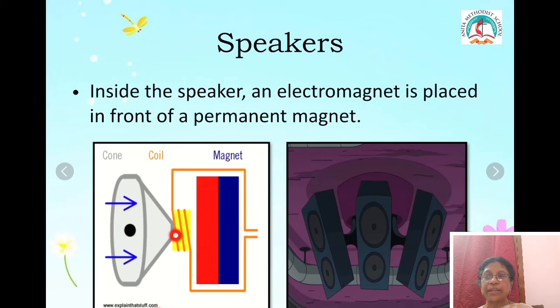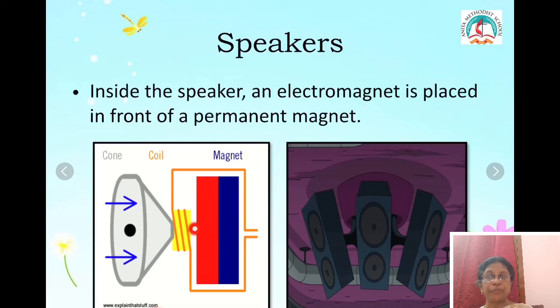So this electromagnet moves forward and backward, and it is connected to a cone made out of paper or plastic material. When current flows through the coil, it turns into a magnet.